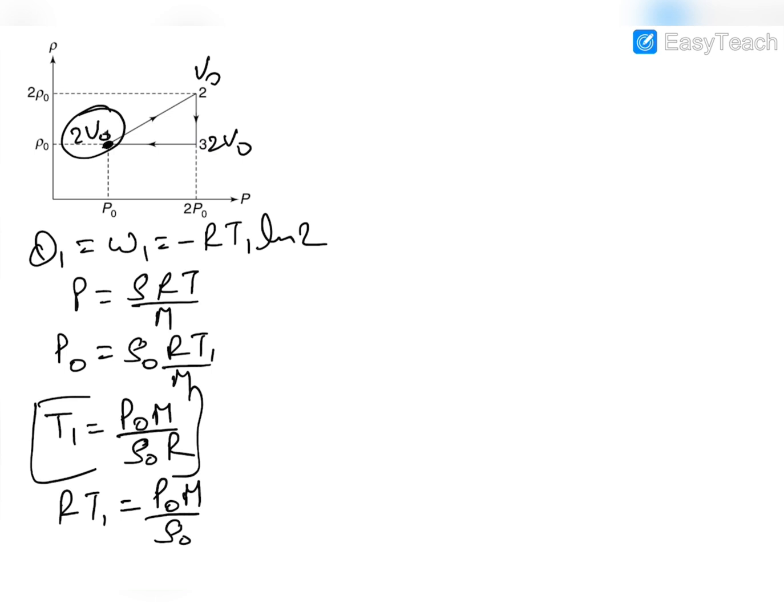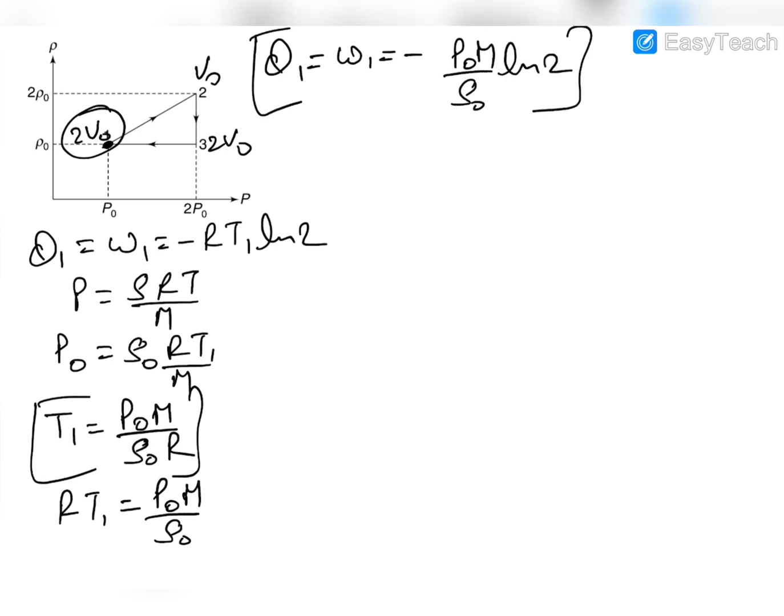So we can substitute the value of this in Q1. So Q1, that is W1, will be minus of R T1 ln 2, which is P naught M by rho naught ln 2. This is heat rejected and work done on the gas or on the system.